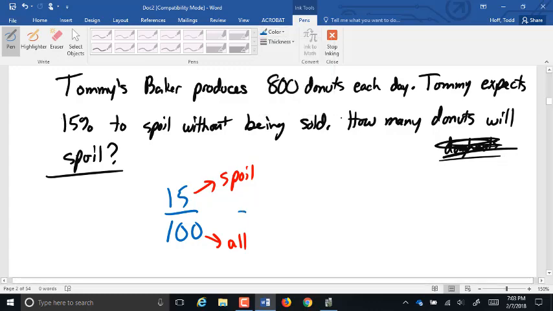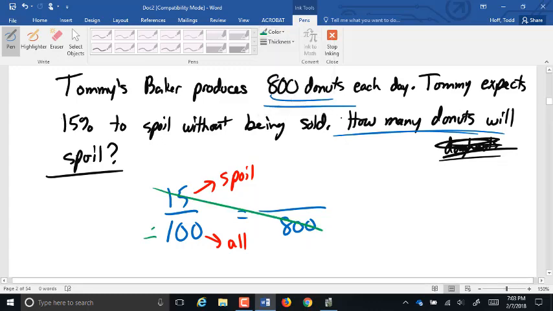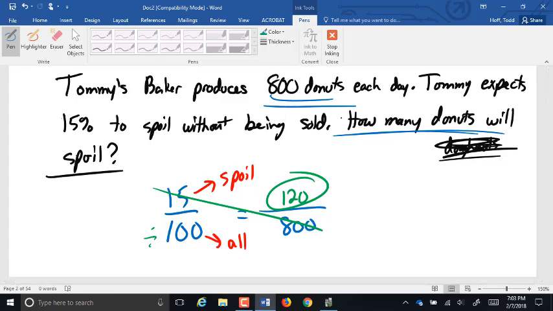On the other side, 800, is that the number that spoiled or the number that are made? Number that are made. We're looking for how many will spoil. Cross multiply. 15 times 800 divided by 100 is 120. Not around me would that many spoil. So not around me would we have that many spoiling.